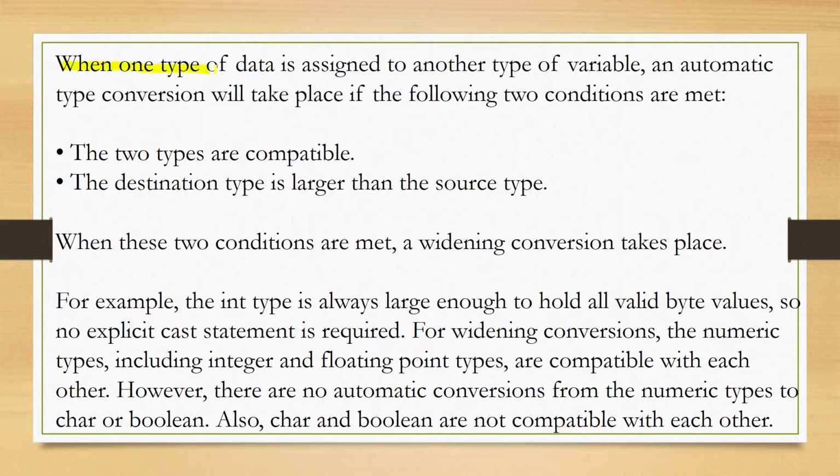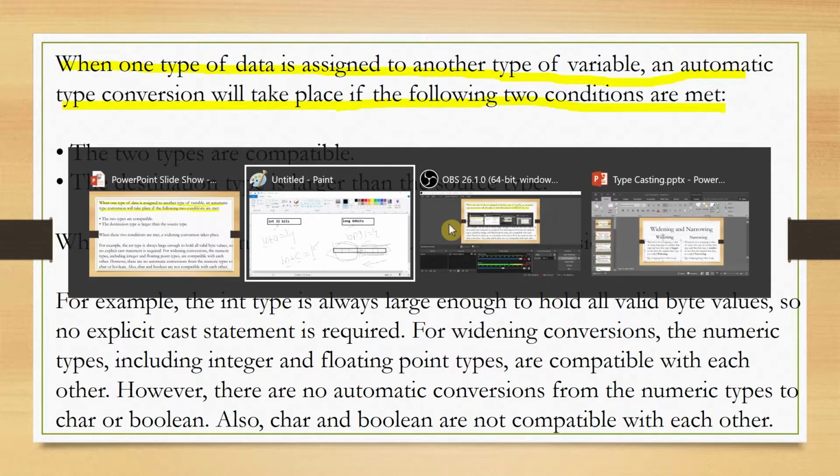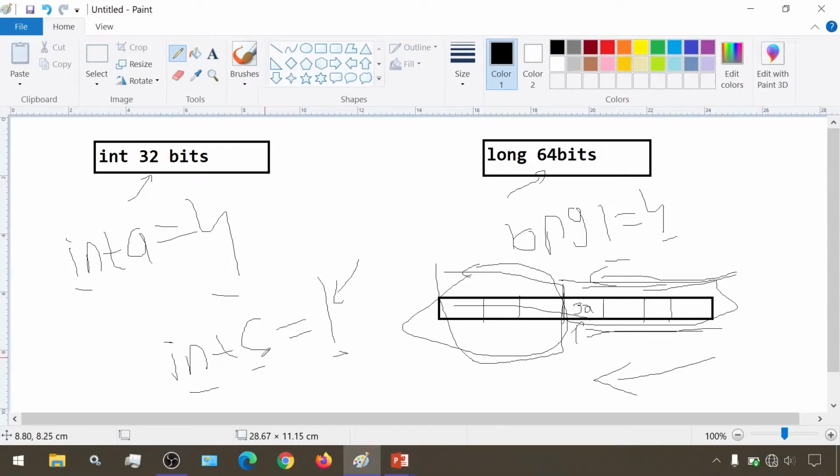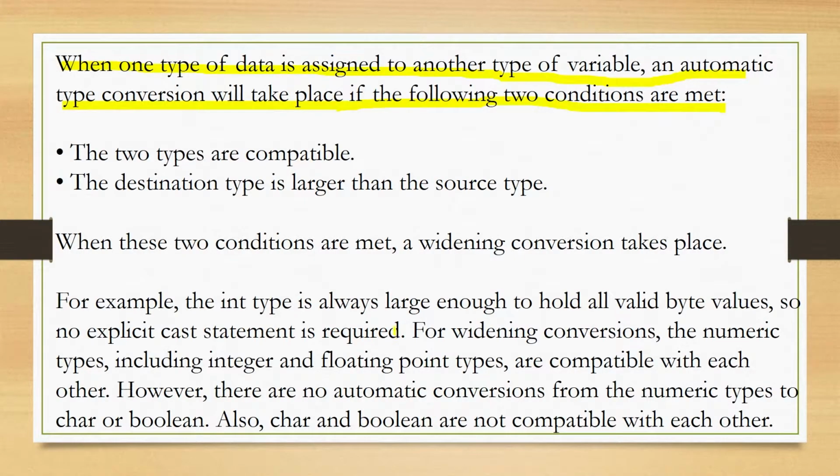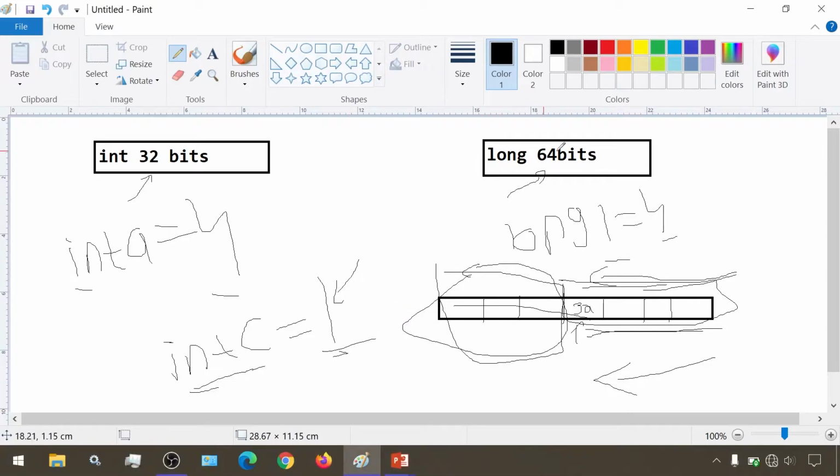So when one type of data is assigned to another type of variable, an automatic type conversion will take place if the following two conditions are met. Just as we saw, we assigned this long variable to this int variable. Whenever we do this in our code, the 64 bits of long need to be converted into the 32 bits of int.